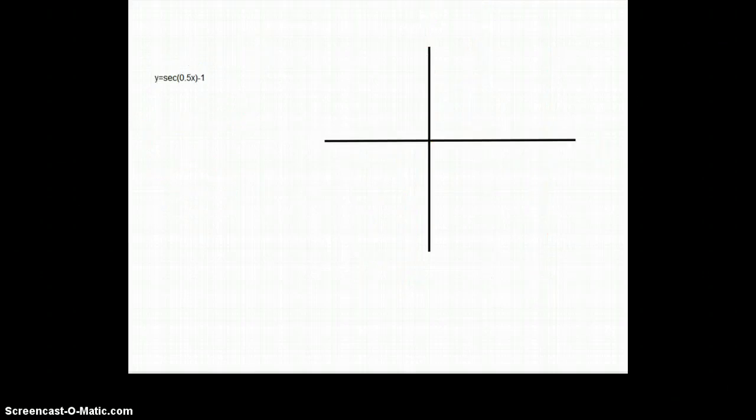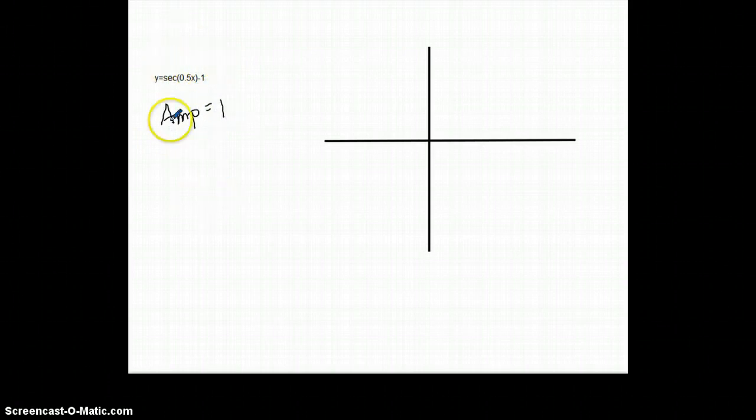Okay, let's see if we have time for a couple of quick examples here. Secant, 0.5x minus 1. Okay, first, real quick, let's take a look at the amplitude. The amplitude is still going to be 1. I'm not changing any amplitude here.